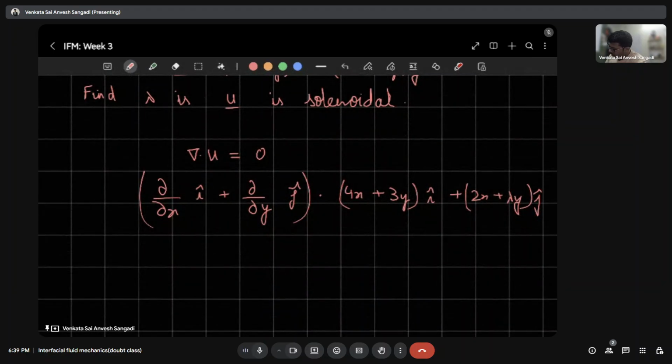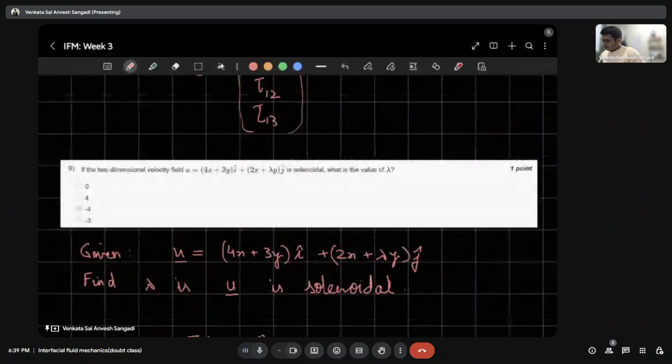The dot product gives 4 plus lambda, which is equal to 0. This implies lambda is equal to minus 4. So the correct option will be C.